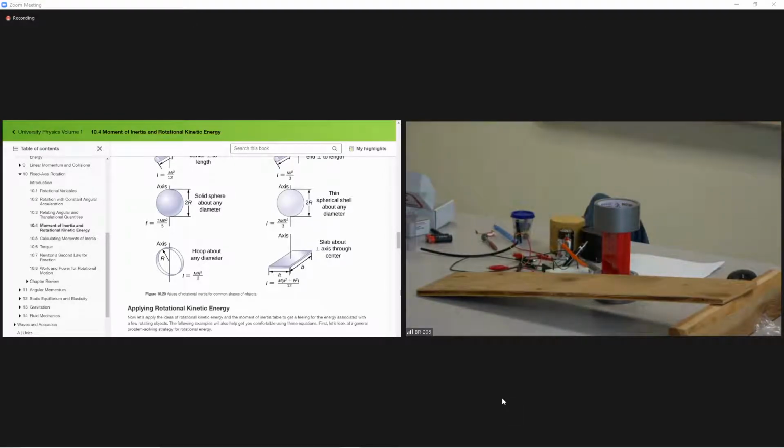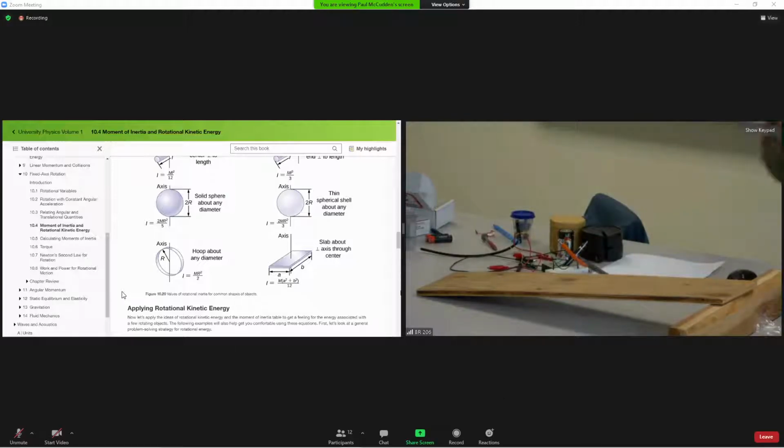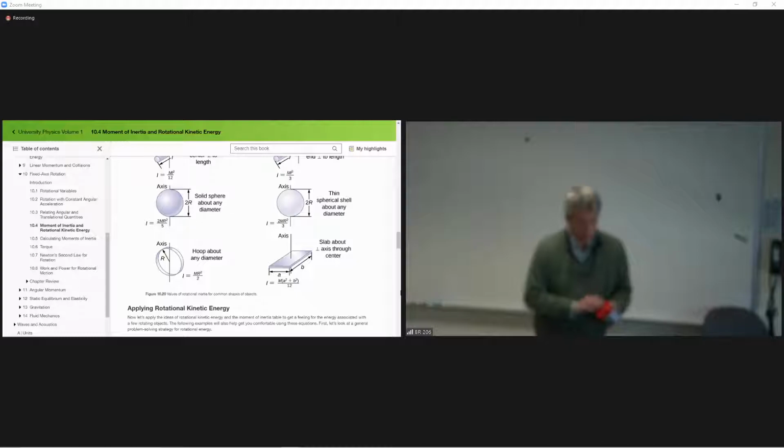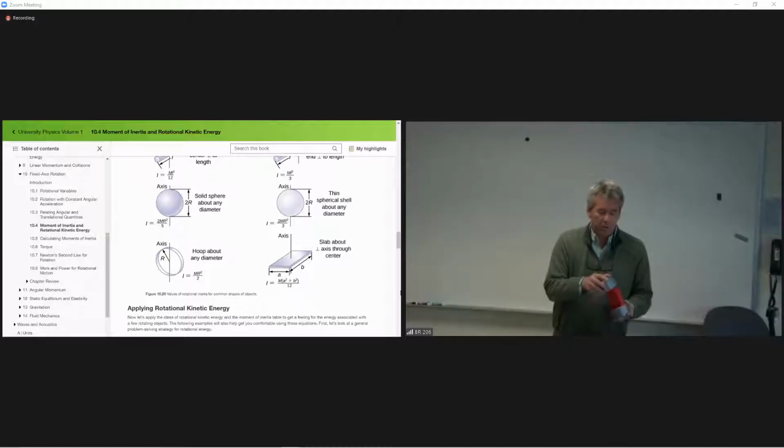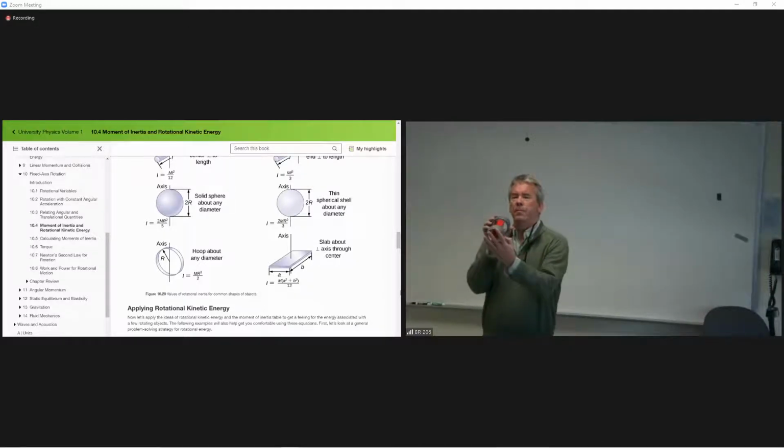Okay. And what is that going to tell us? Well, when we put two tape rolls on our iOLab, let's go back to this. Okay, that's better. When we put two tape rolls on our iOLab, we create a new object that has a new moment of inertia.